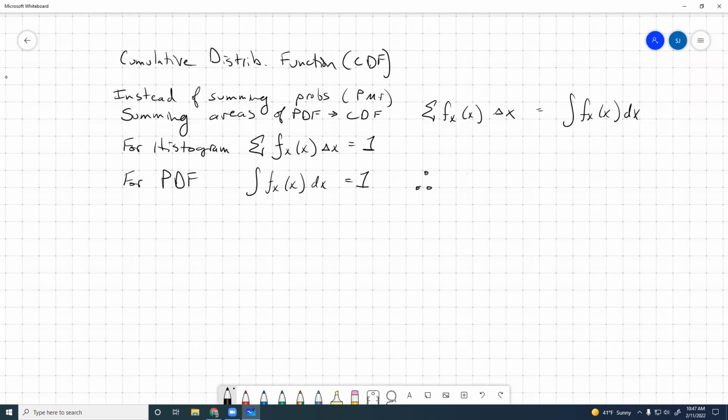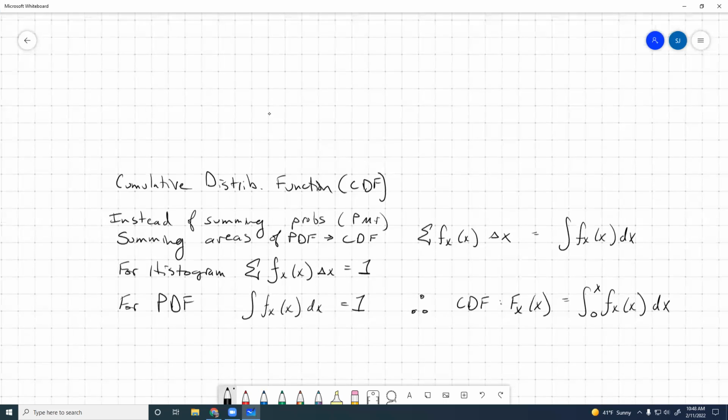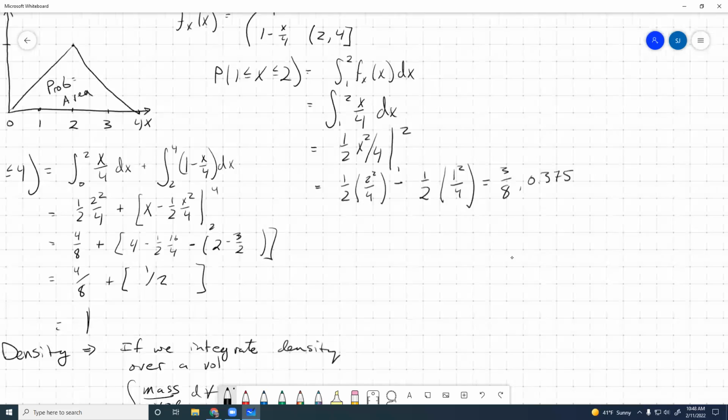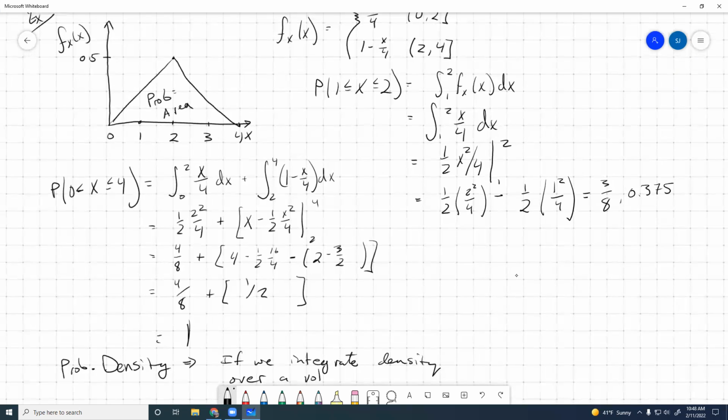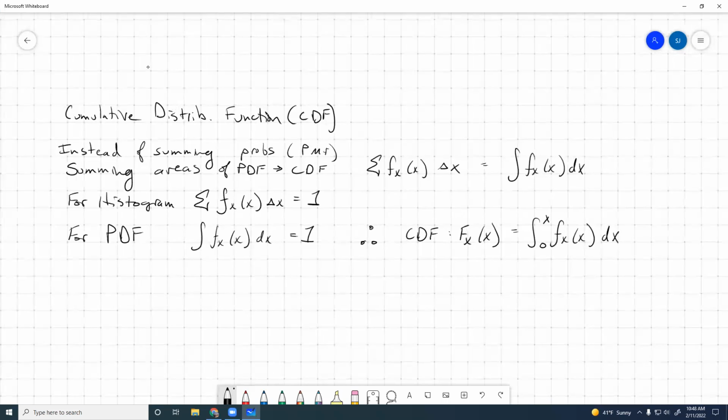So we're going to define the CDF as big F of X as before. And that's just the integral from 0 to X, whatever value we're plugging in there, of our PDF. So if I want to know the probability, for the function we had up here, that X is less than or equal to 2, then I integrate up to 2, and we got that area of 1/2.